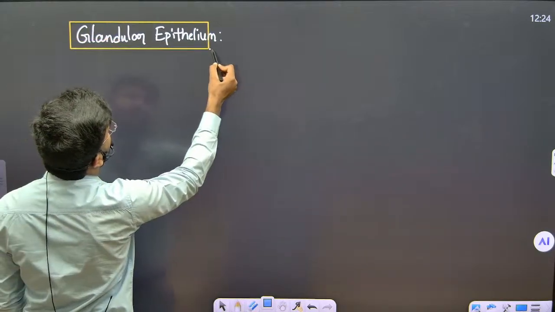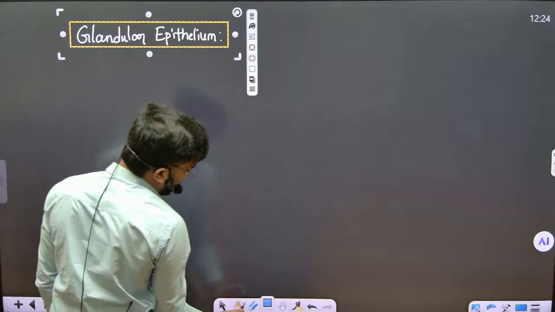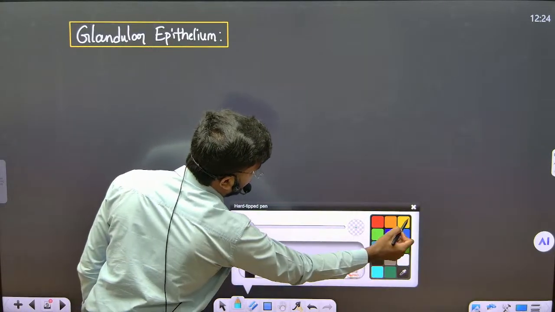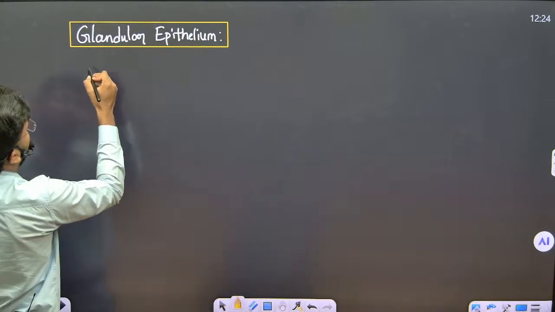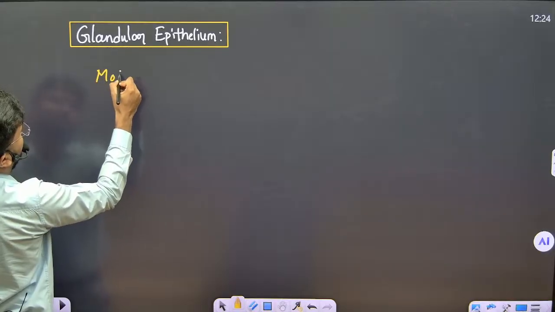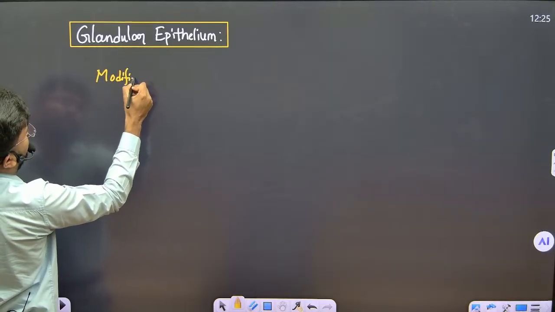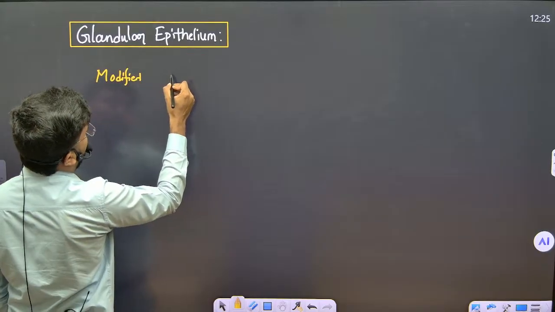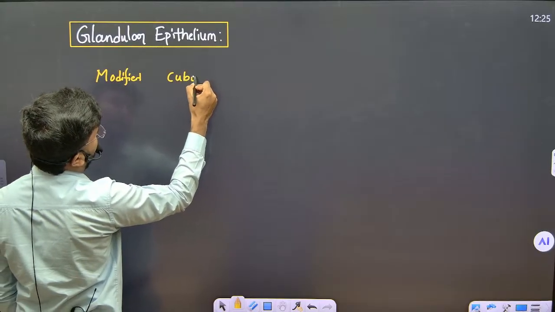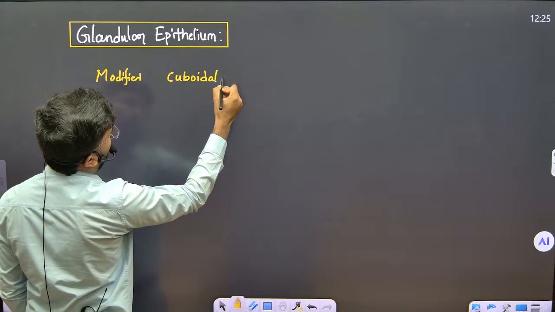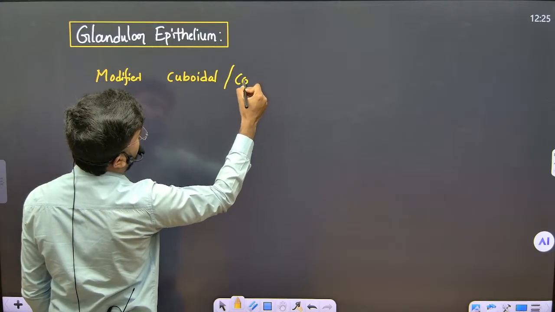Again, we can say that this glandular epithelium is modified. Glandular epithelium is modified cuboidal or columnar cells.